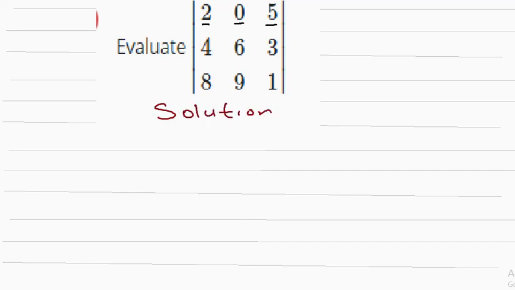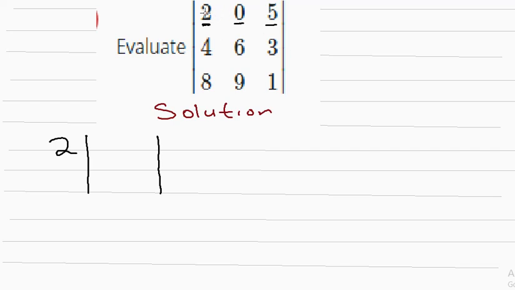I'm going to take the first element, 2, and multiply it by its minor. The minor of this element 2 is the 2 by 2 matrix that is obtained after you eliminate the column of 2 and the row of 2. What do I mean by that? This is 2.